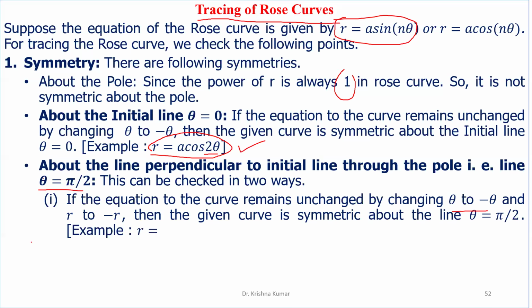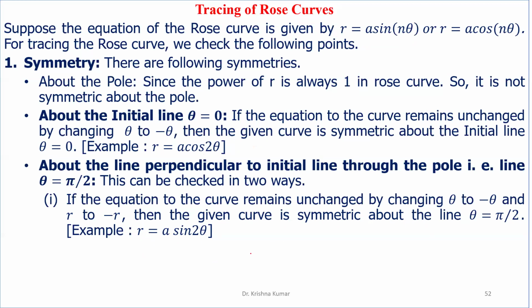For example, r equal to a sine 2 theta. Now here if we replace r by minus r and theta by minus theta, the equation will be: minus r equals a sine of minus 2 theta, which is minus a sine 2 theta. Now the minus signs will cancel and we have the same equation. Therefore, the given curve is symmetric about the line theta equal to pi by 2.